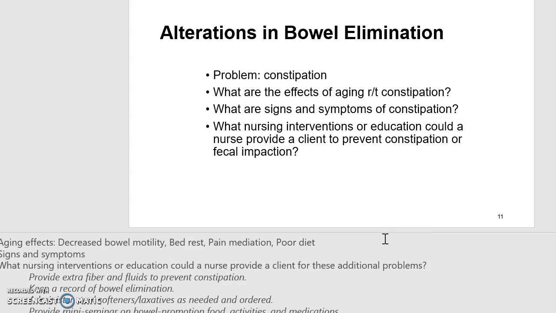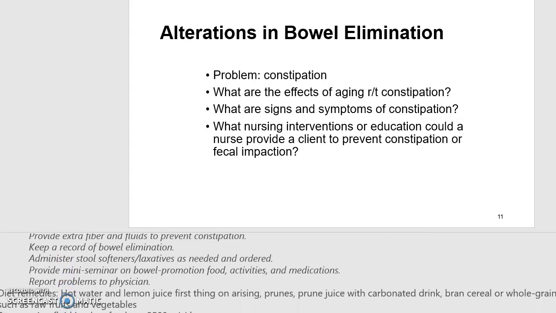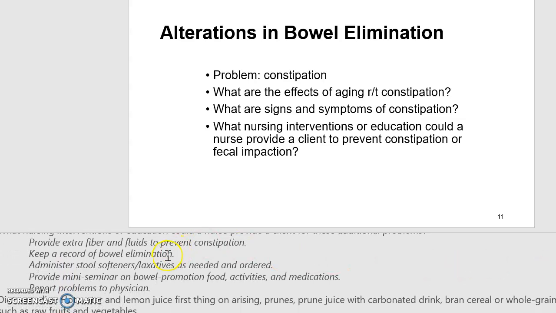So we want to make sure that we are providing extra fluids, extra fiber, encouraging activity where possible, and that we are keeping a record of bowel elimination, and I know that you all did that in clinical. Offer, in combination with the care provider, stool softeners and laxatives as needed.